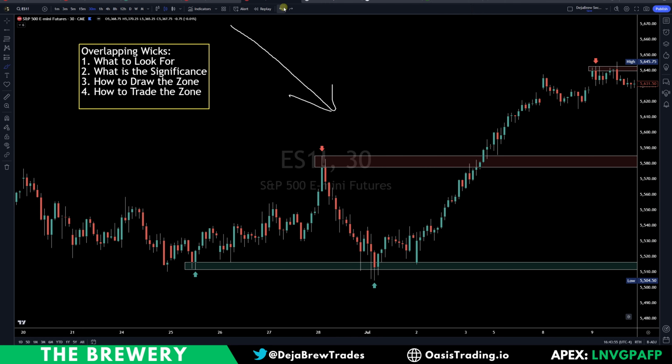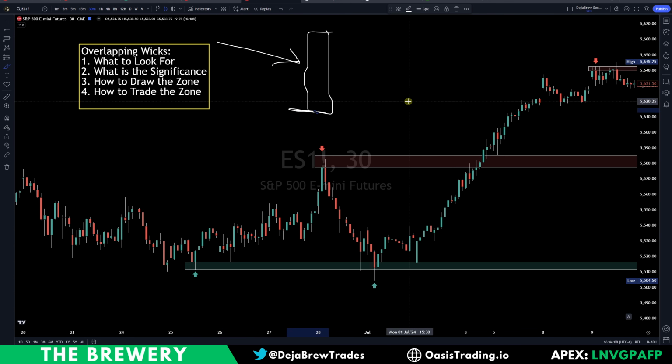They are finding value to a much higher degree than the sellers are. If the sellers were finding significant value, that candle would look like this. They would be closing it as what we like to call a bottom heavy candle. If you guys follow my volume profile techniques, there would probably be a lot of delta or a lot of volume on the low of that candle.